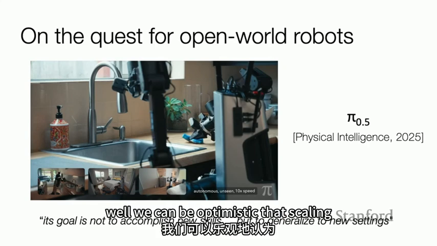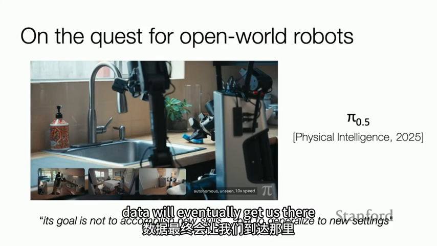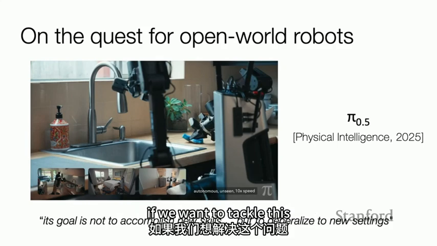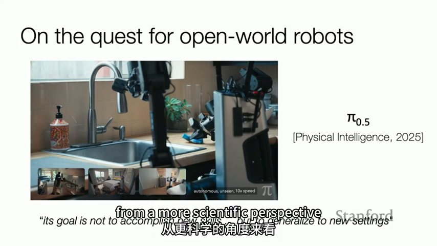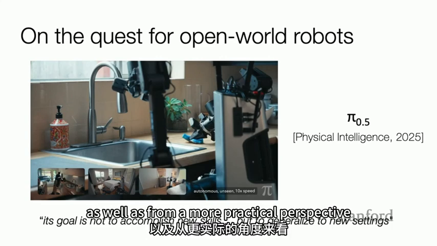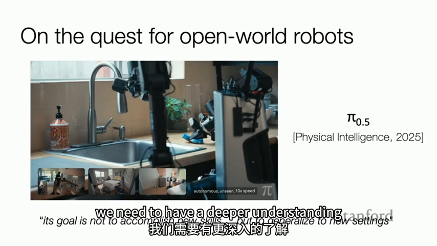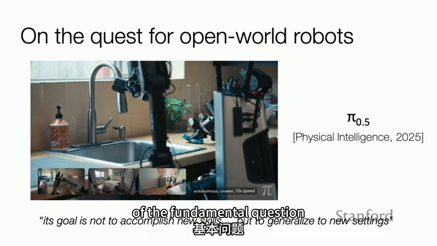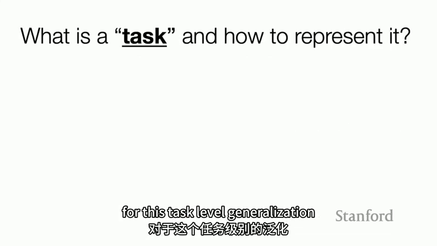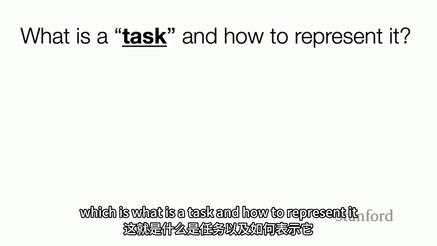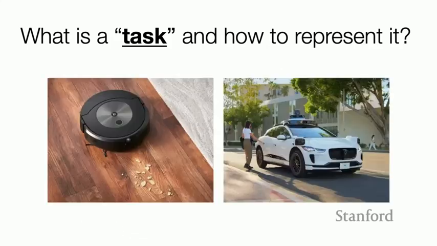While we can be optimistic that scaling data will eventually get us there, in my opinion, if we want to tackle this from a more scientific perspective, as well as from a more practical perspective, if we care about what data to collect and how to collect it, we need a deeper understanding of the fundamental question for task-level generalization, which is: what is a task and how to represent it?